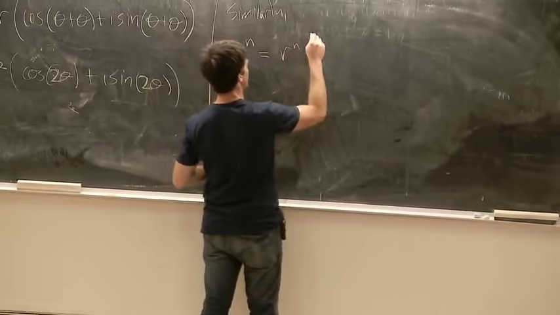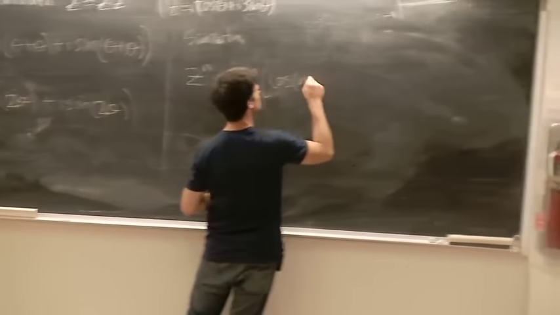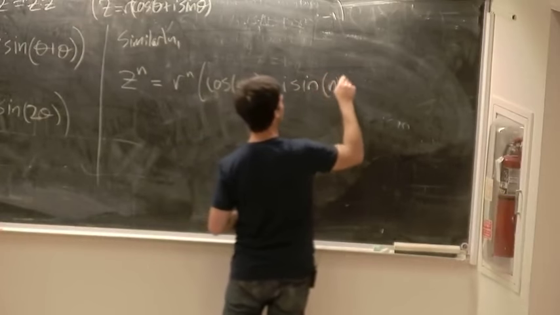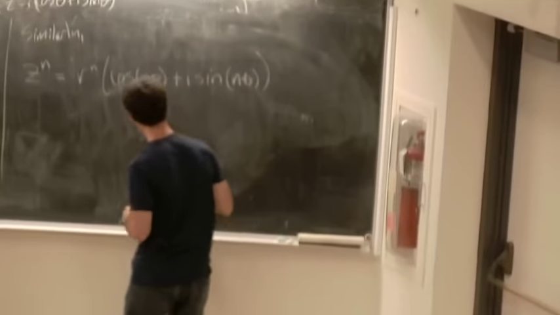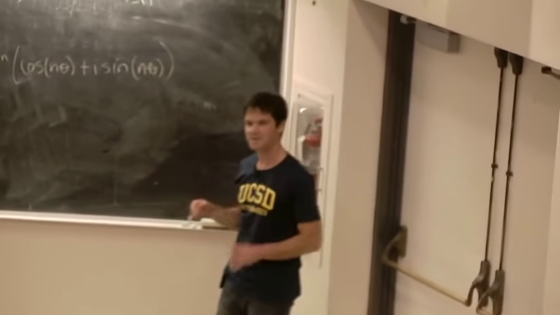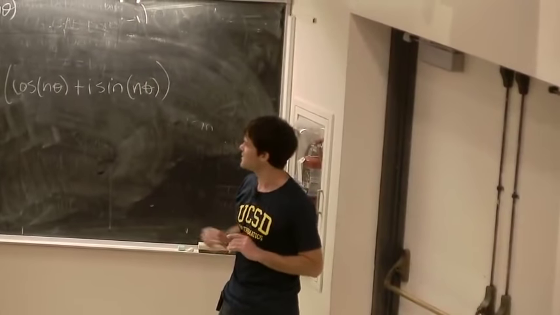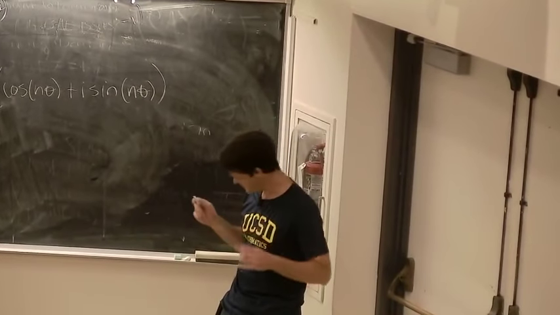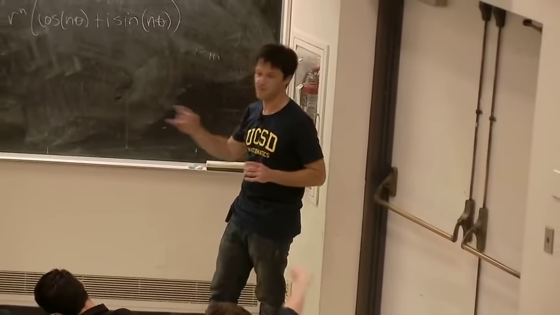So it's r to the n times cos n theta plus i sine of n theta. And this is actually pretty amazing because this gives us a much simpler way to calculate numbers if we didn't know this formula.